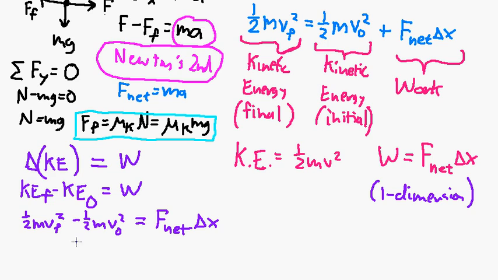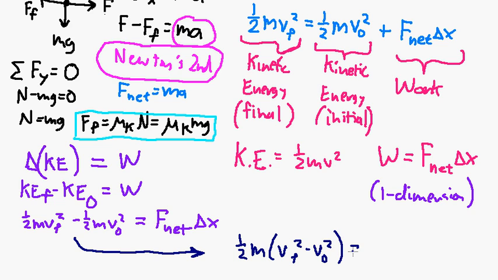I'm just going to take this now and make it something useful algebraically. So 1/2 m times, let's collect our terms here, v final squared minus v initial squared, equals, and our net force here, F net, which is equal to ma, is F, your applied force from the broom, minus the friction force.